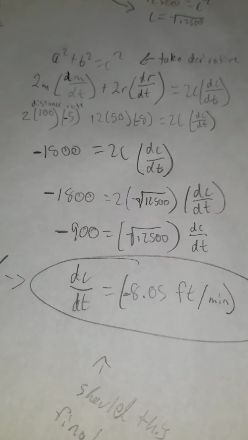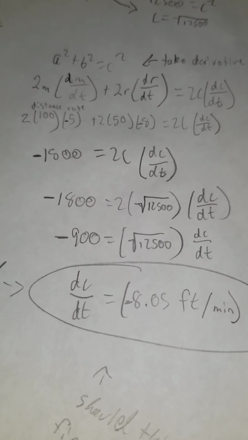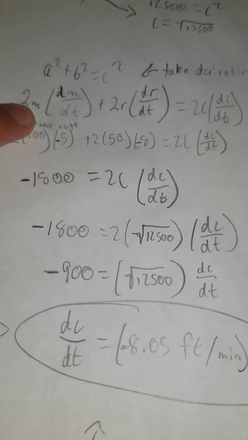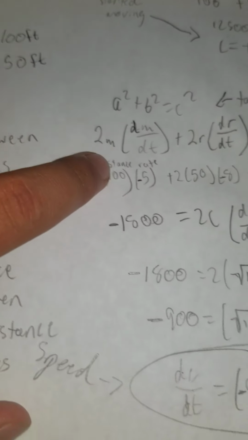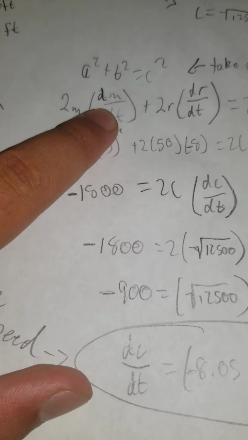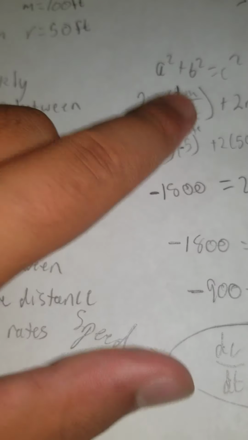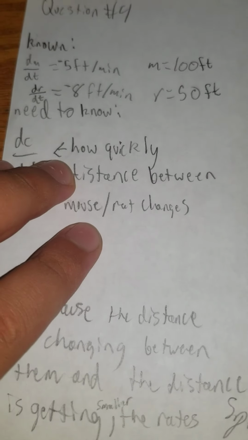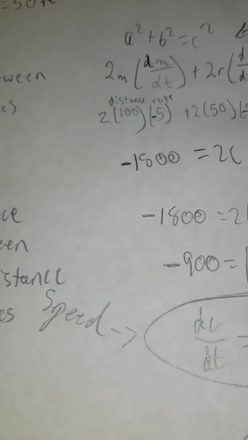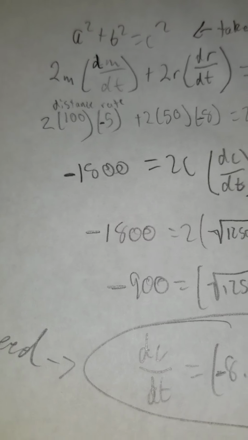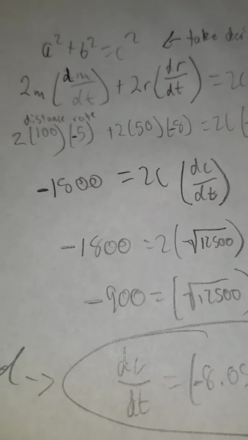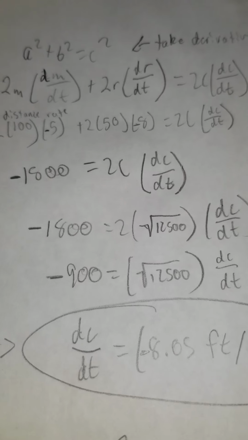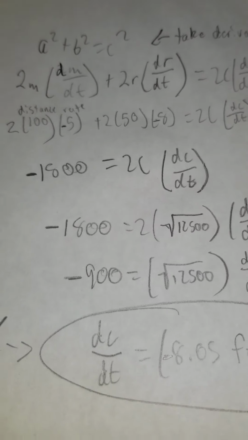We're going to take the m value, which is 100, and multiply that by our rate, dm over dt, which is -5. So 2 times 100 times -5 plus 2 times 50 times -8 is -1800, which equals 2c times dc over dt.